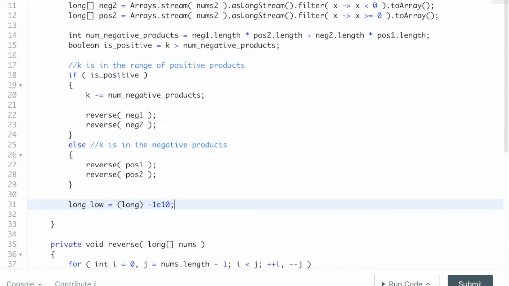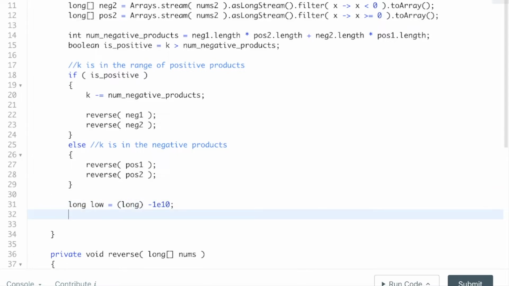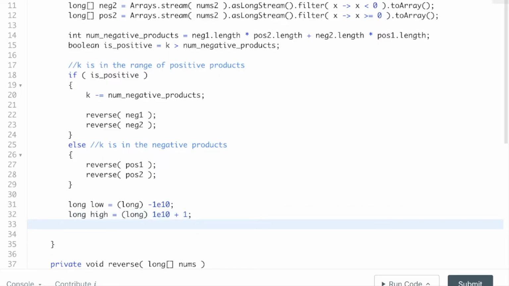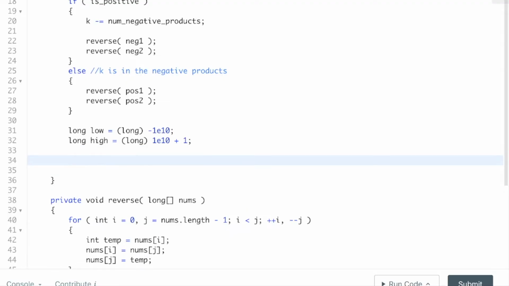Cool. And then for the high, long high, we'll cast it to a long too, and then we'll just do 1e10 plus 1 for high to be exclusive. And you could write this inclusive if you wanted to, like you could get rid of that 1. You just have to account for it in your binary search, but I'm just used to writing my binary searches with my high being exclusive.